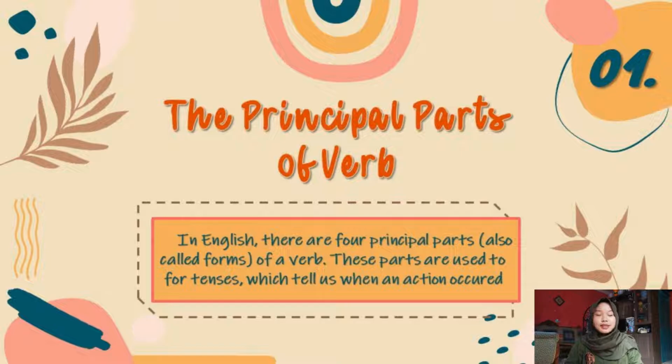The first topic is the principal parts of verbs. There are four principal parts of verbs, also known as forms. These parts are used for tenses, which can tell us when an action happened.